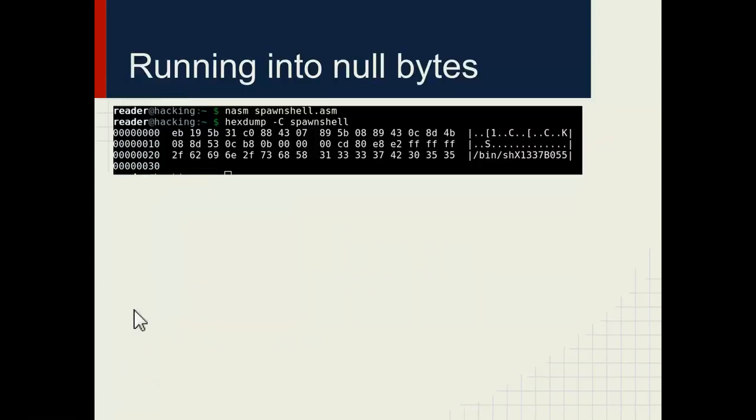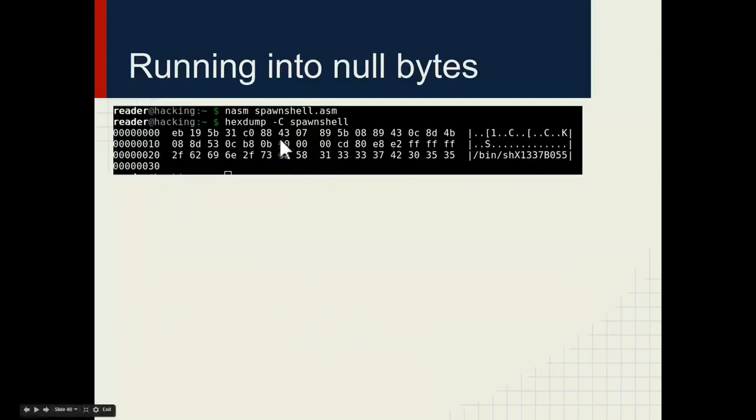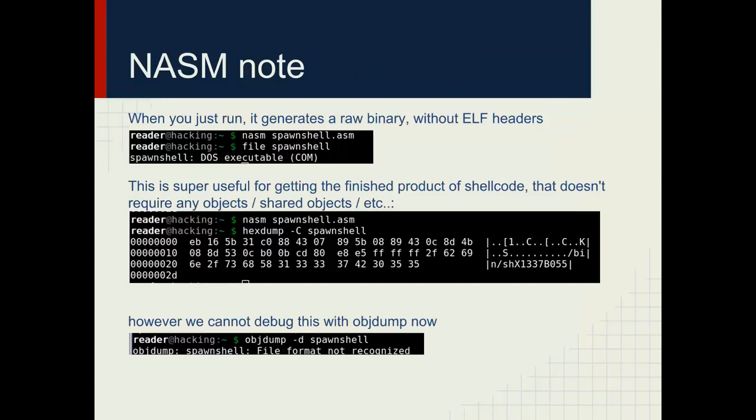So when we put this all together and we look at it, there's going to be a problem. If you just look at the binary, there's a 0 standing all alone, and we won't be able to inject this into a buffer. So we're going to have to make a little bit of modifications, and this is pretty typical when you're writing shellcode, having to do this step.